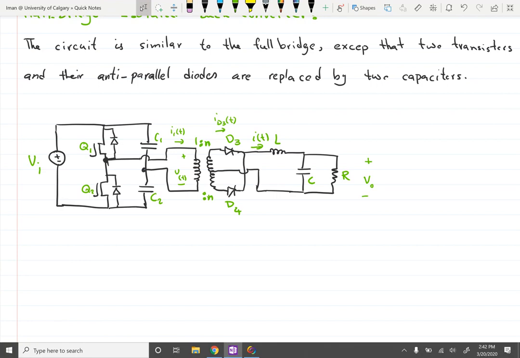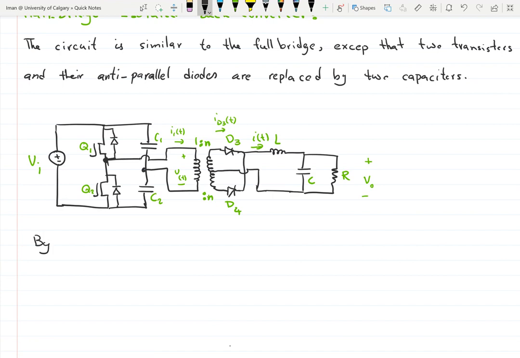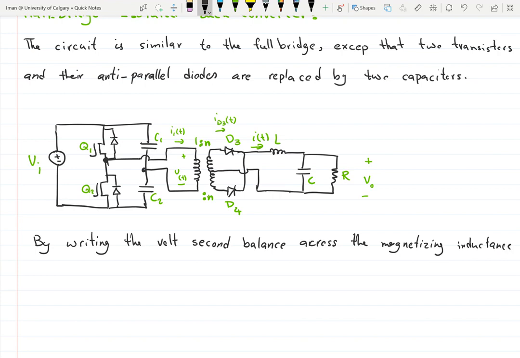So by writing the volt-second balance across the magnetizing inductance, it can be concluded that the average voltage of this node here should be equal to the average voltage of this node here.